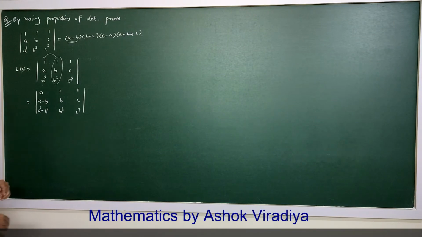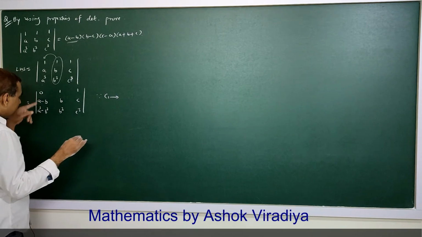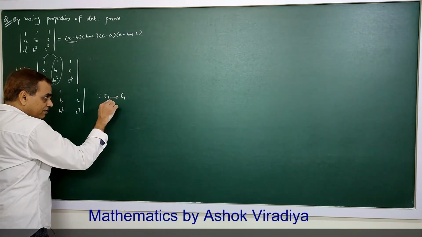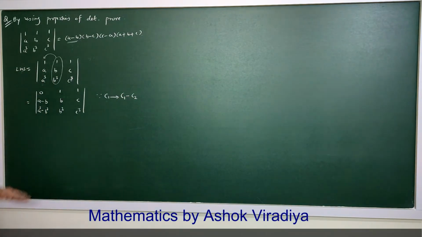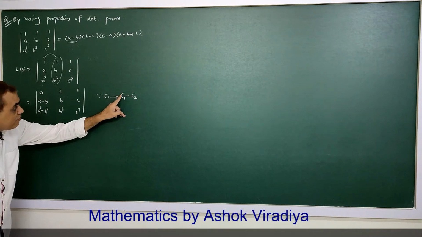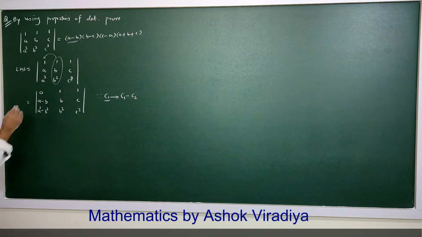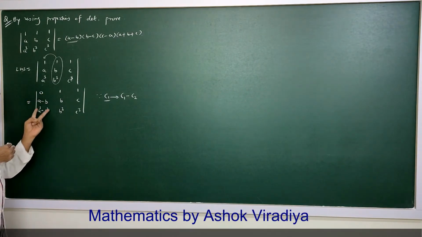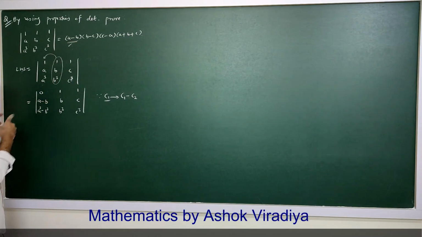So what is done here? In the first column, the second column is subtracted. That means elements of the second column multiplied by minus 1 are added to the first column. So the change is in the first column. The value remains unchanged. Doing this, you can see that in the next step, A minus B can be taken common. Here A minus B is common, it is visible.